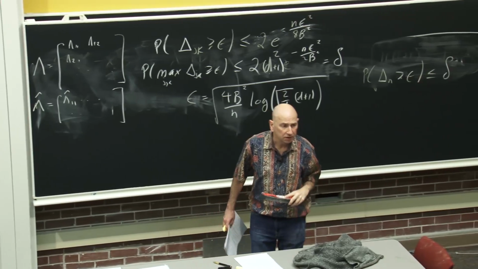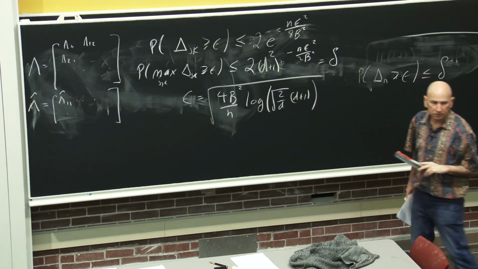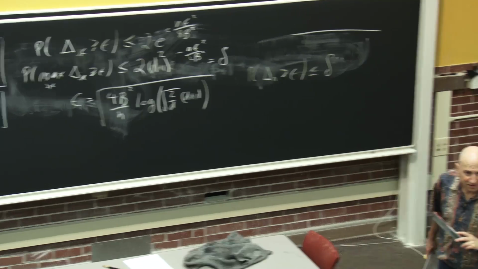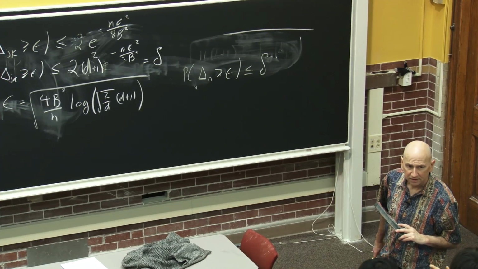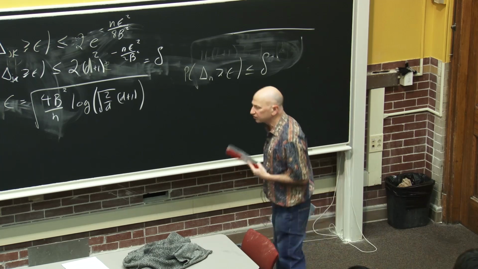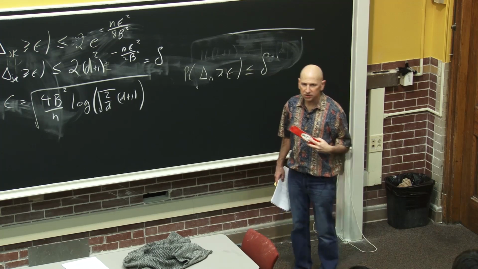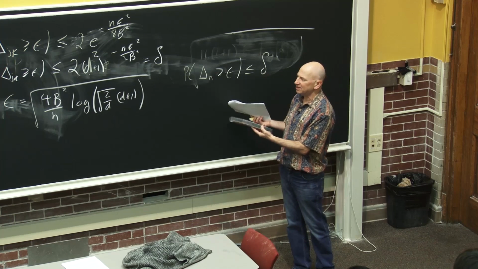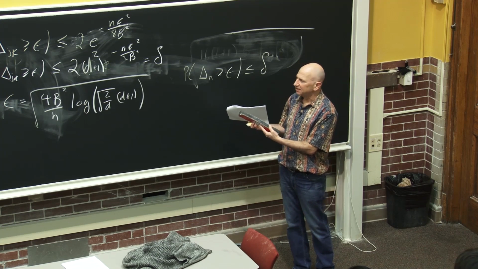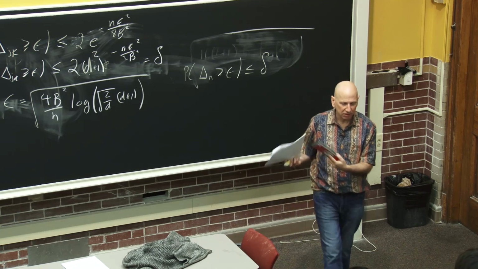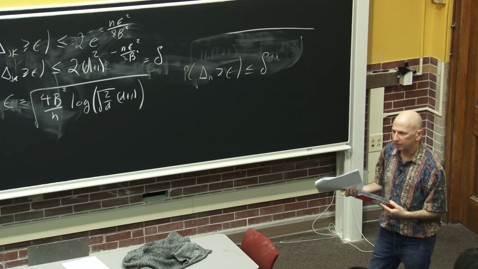Yes? Is L1 the only norm where we get logarithmic dependence on d? Oh, no. You can do similar results for other norms and other loss functions, but it just happens that because we're doing the lasso, everything works out into the L1 norm.